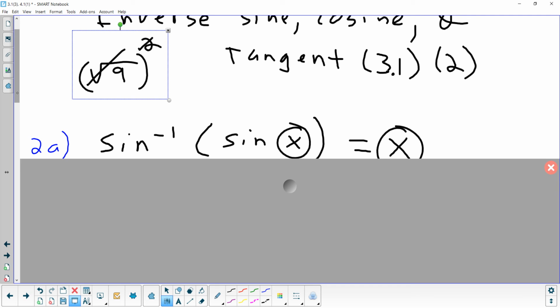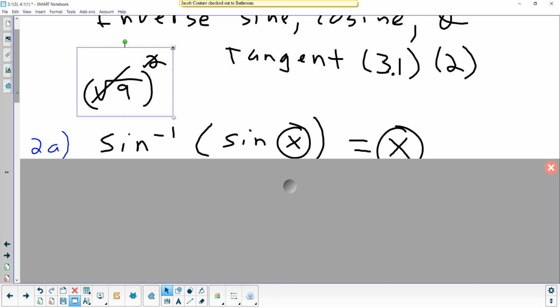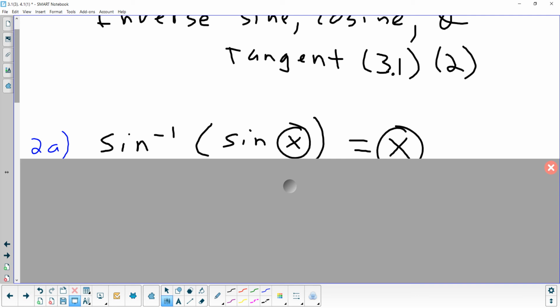Sorry, can you just repeat that? So, let me just go back to this for a second. Let's say we had the number 9, and I want to take the square root of it.